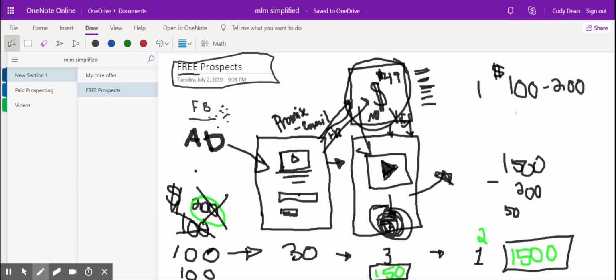Sometimes even up to 50% if you can balance everything out, right? So say they give you 50% commission on the one person. Say you get this one person to sign up, right? They buy a $200 product or $100. You're getting a range of $50 to $100 as far as your commission levels.